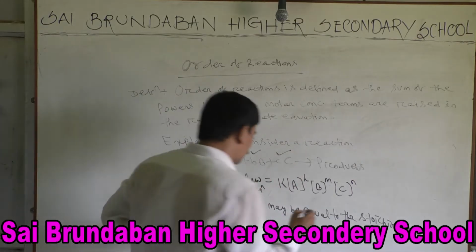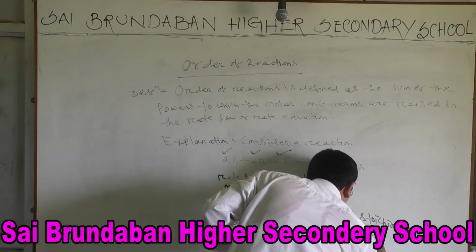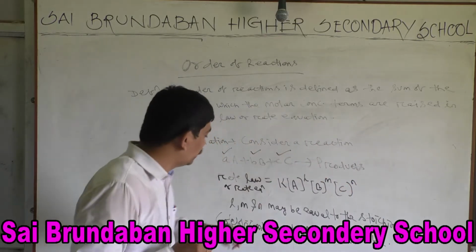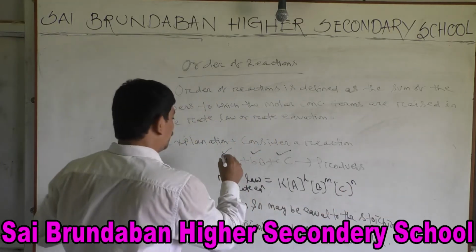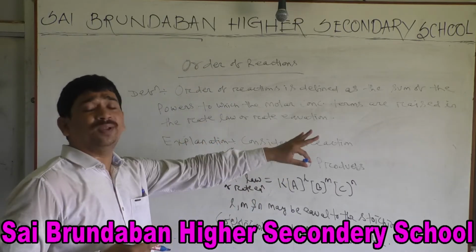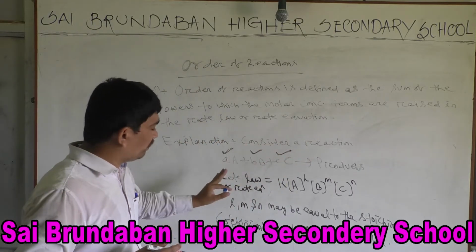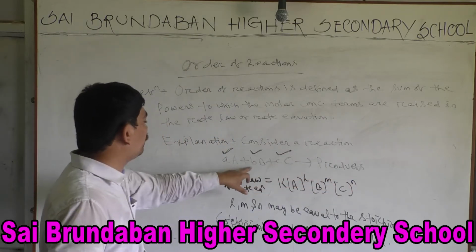Or may not be. Look at this. L, M and N may be equal to the stoichiometric coefficients small a, small b and small c, or may not be. It is not mandatory that L, M and N are always equal to small a, small b, small c.